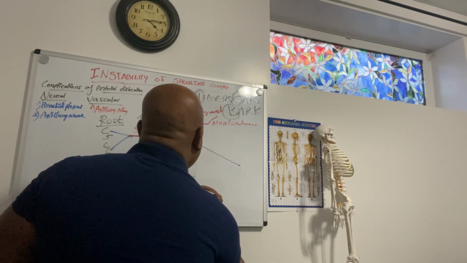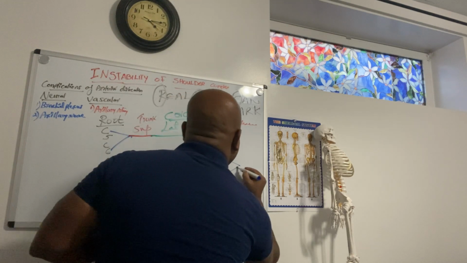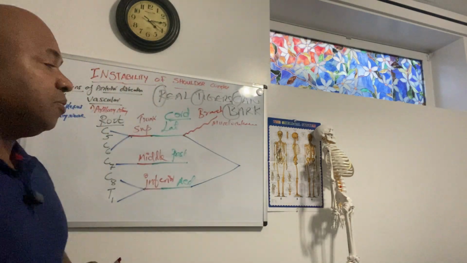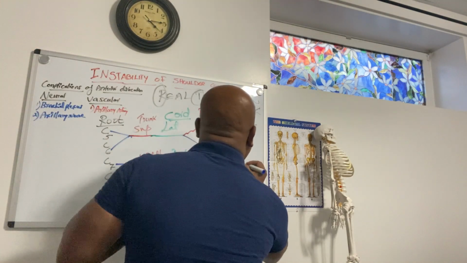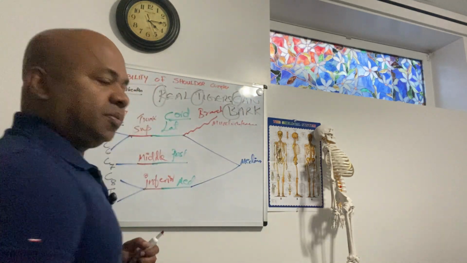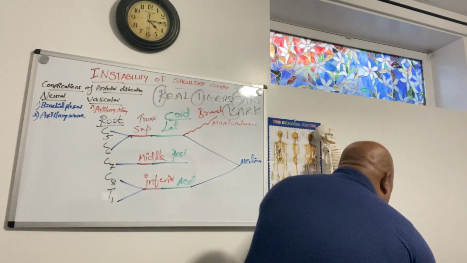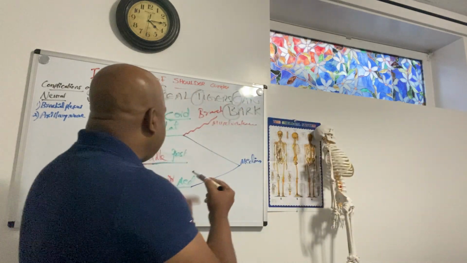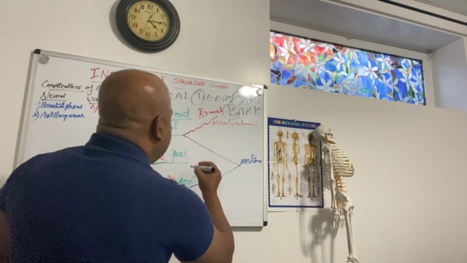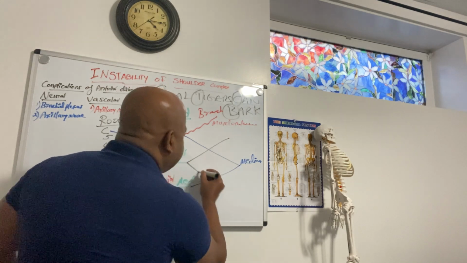And from the medial cord, together with the lateral cord, forms the median nerve. And the posterior cord continues to form mainly two branches.